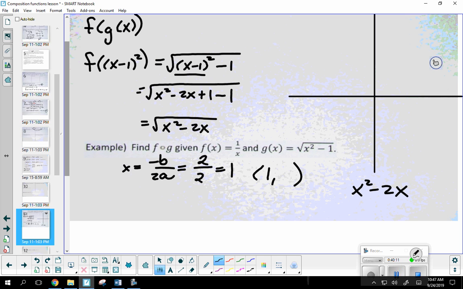Okay. Well, how do I find the y value that corresponds to it? Plug it back in. So x squared would be 1 squared minus 2 times 1. What would that give me? Negative 1. Okay, so my vertex is at 1, negative 1. Definitely opens up. Can anybody tell me where it's crossing the x-axis?